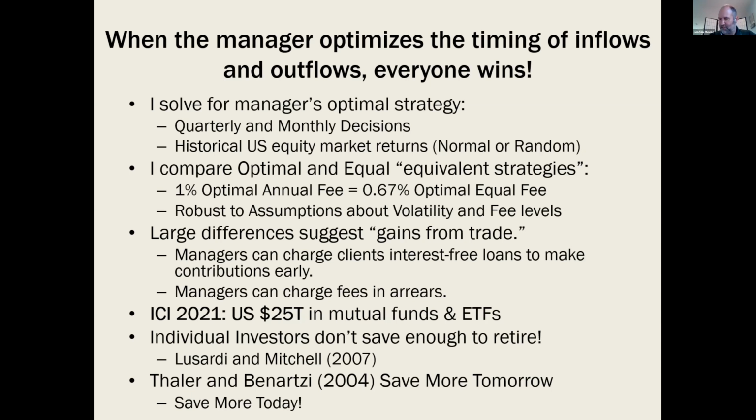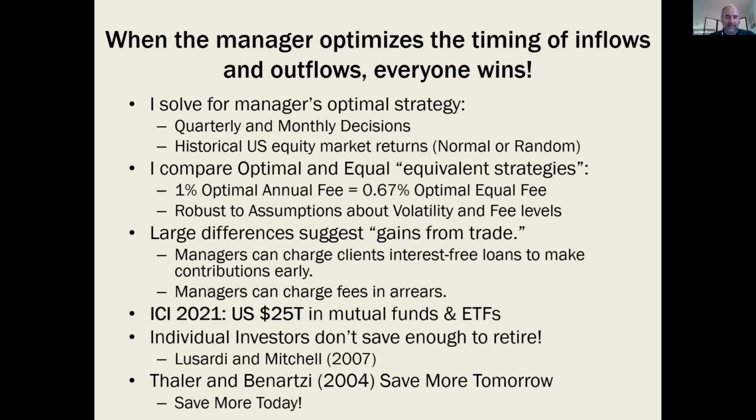We know from Jason and Sarah's organization, the ICI, that there's a lot of money that's managed professionally, right? There's over US $25 trillion in mutual funds and exchange traded funds alone, right? So these are vehicles that could potentially have rules changed that allow managers to implement fee structures or contribution structures in this way. And that could potentially have a big impact.